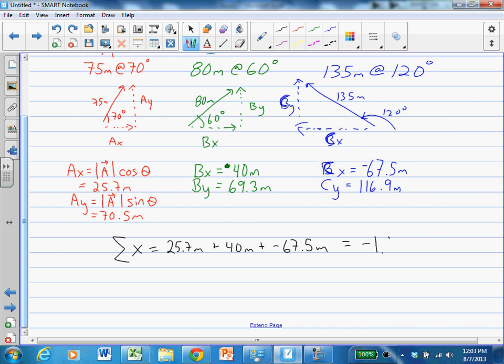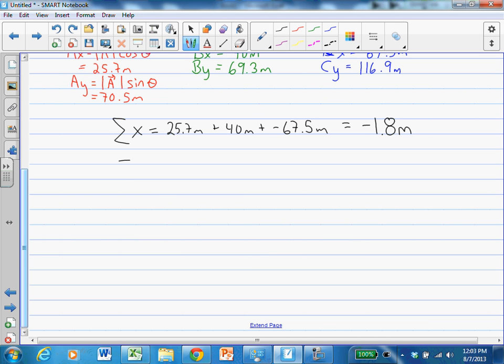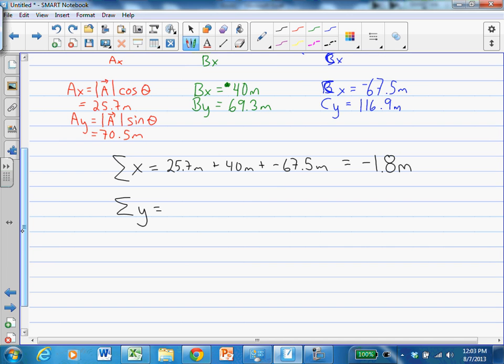When we sum the y's, we get 70.5 meters plus 69.3 meters plus 116.9 meters, or 256.7 meters. So most of the movement was in the y direction.